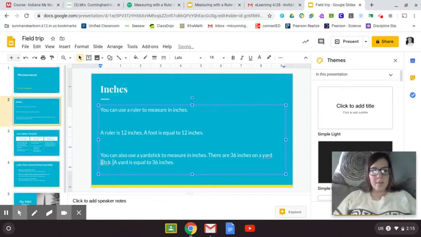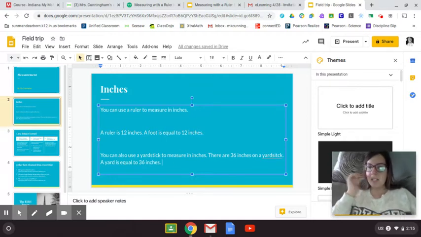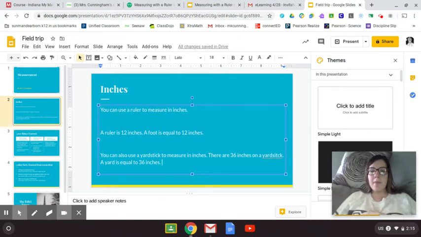Oh, Mrs. Cunningham did it again. So a yard is equal to 36 inches. You guys don't have to have all of this memorized. Eventually you'll learn it. But I feel like this is a great resource if you want to create your own to keep for when you go to 3rd grade, because it'll be saved on all your Google stuff. Again, I'm not requiring it, but I thought it'd be kind of fun to make it together.